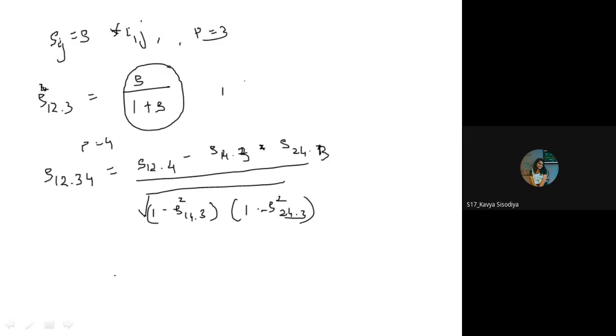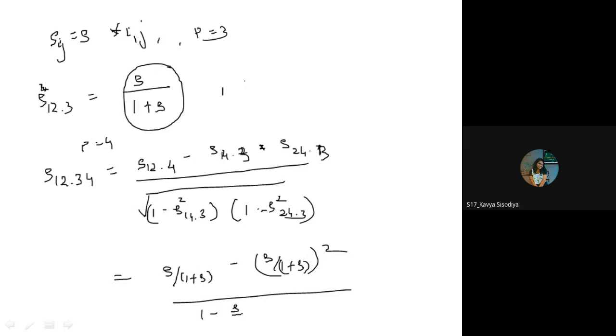So just substitute here. It is rho upon 1 plus rho minus rho upon 1 plus rho whole square, and here what will come? 1 minus rho upon 1 plus rho whole square. The same will come here too, so that means there is no square root.